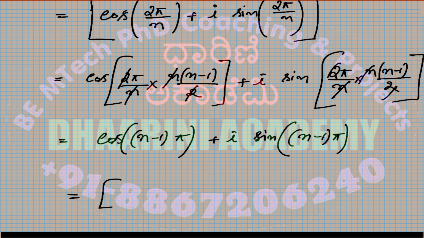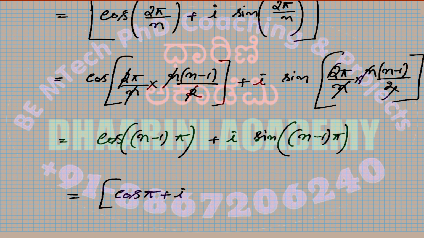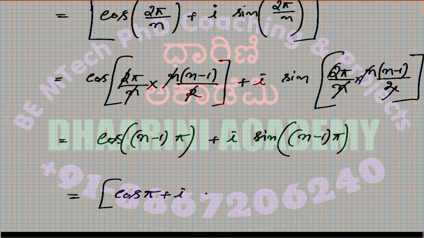Right? Inside the bracket, I can see the n minus 1 common for sine as well as cos term. So I can rewrite this as cos pi plus I sine pi raised to the power n minus 1.